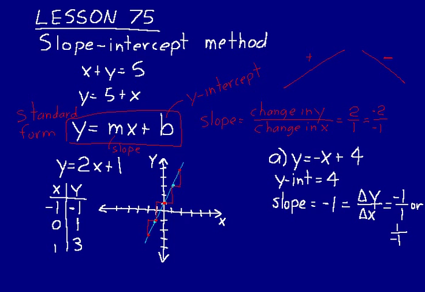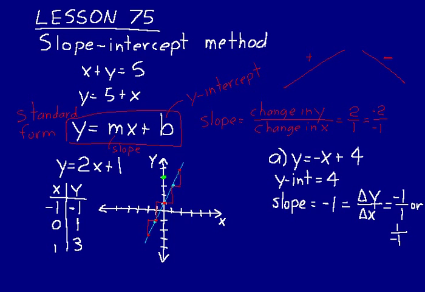Let's go ahead and graph this line on that Cartesian system that we have to the left. The first thing that you do when you're graphing these lines is find the y-intercept on there. So let's put a point at 4. We'll start there. Now, what we want to do is look at our change in y over change in x.